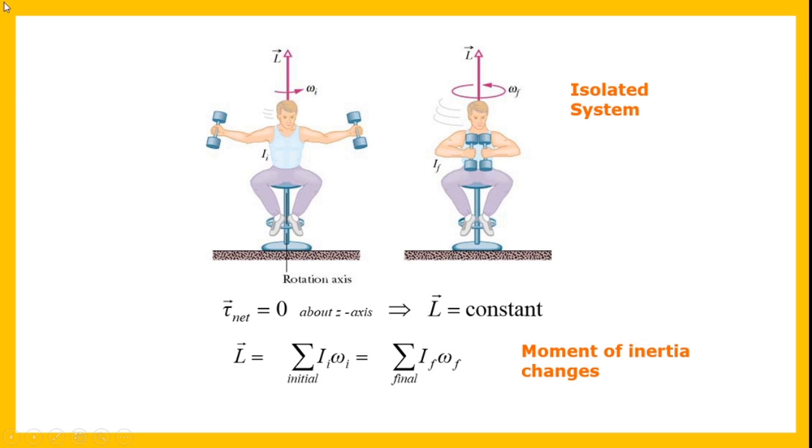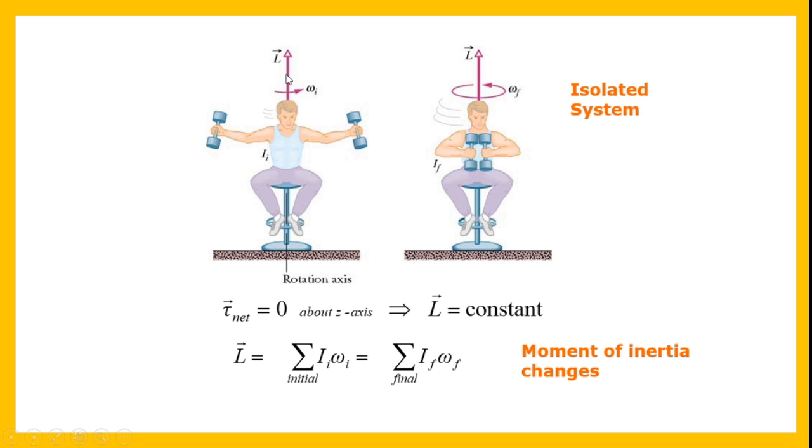Now we will see how the moment of inertia changes in an isolated system. See, the person is rotating while sitting on a rotating chair with his arms spread. L is in the direction perpendicular, along omega i, the initial angular velocity.